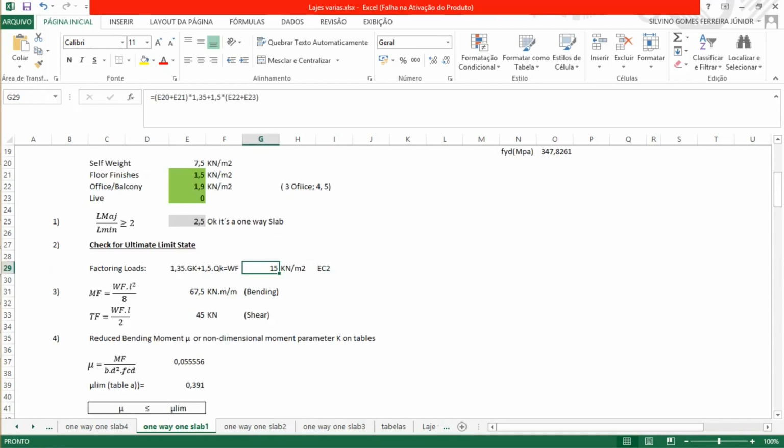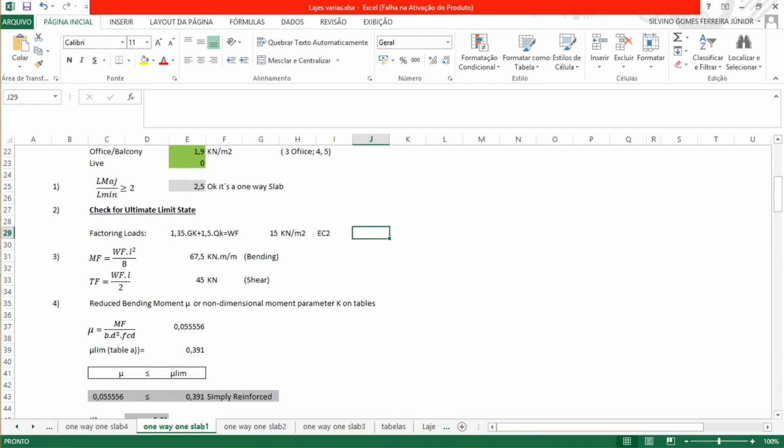Here we took these values and multiplied, which gives us 15 kilonewtons per square meter. Okay, so this is the factored moment that we calculated to get the bending for the main reinforcement.